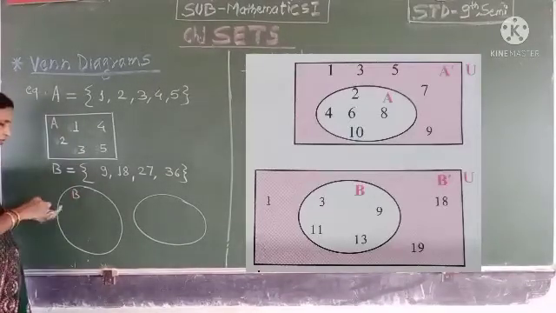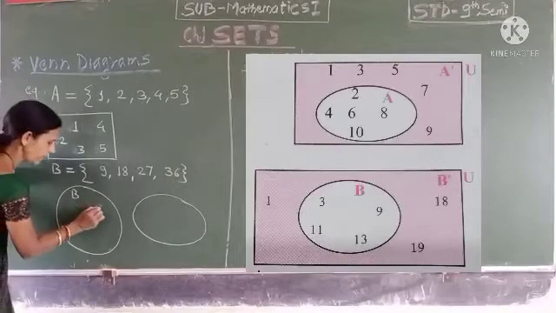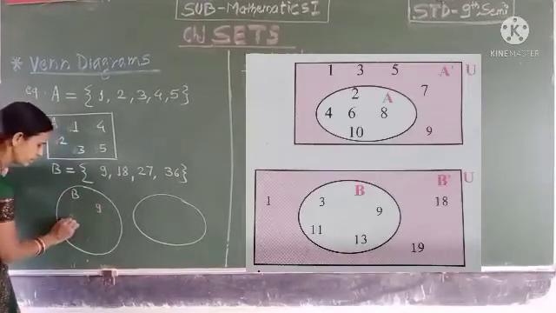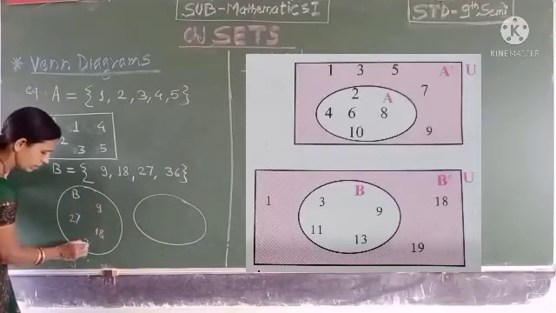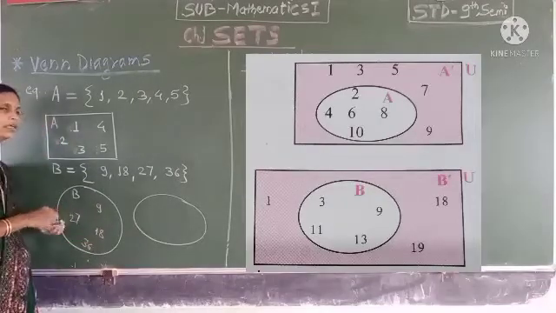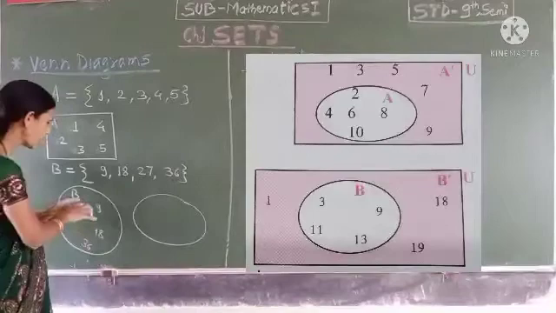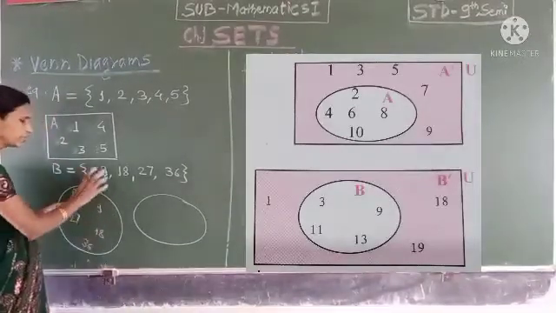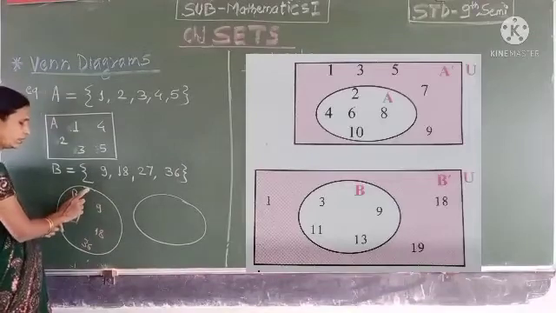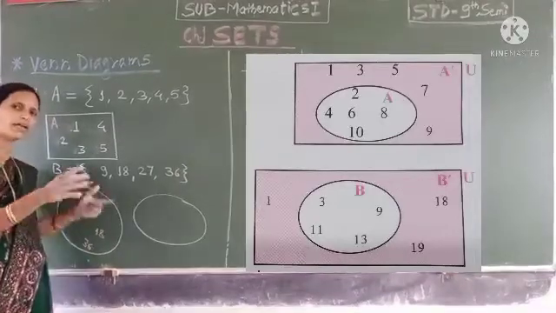B is a set of the elements 9, 27, 18, 36. It is not necessary to write these elements sequentially. You may write these elements in this geometrical figure randomly.